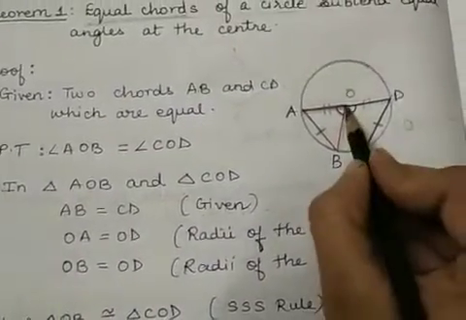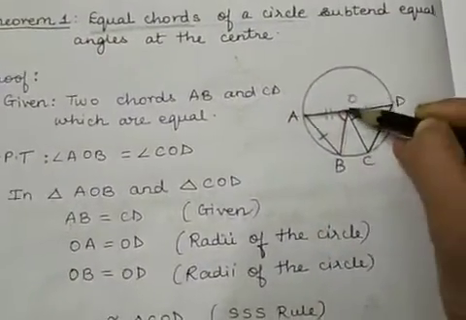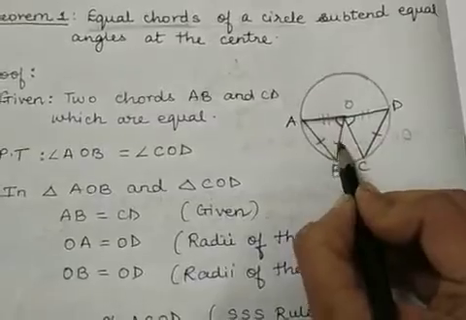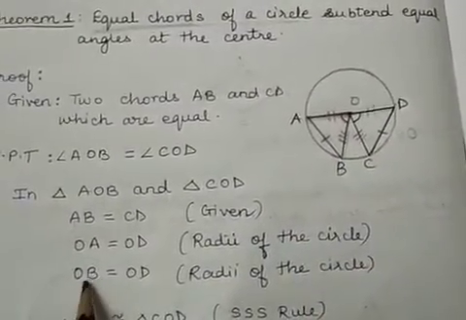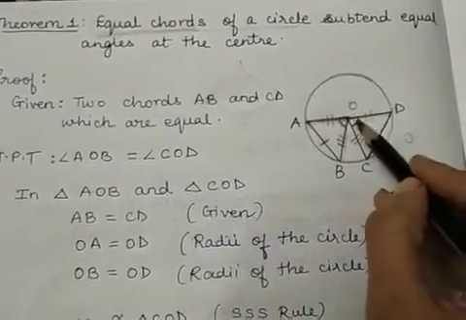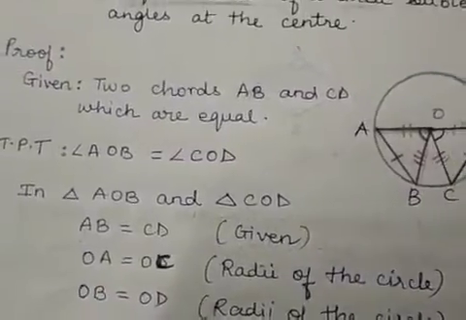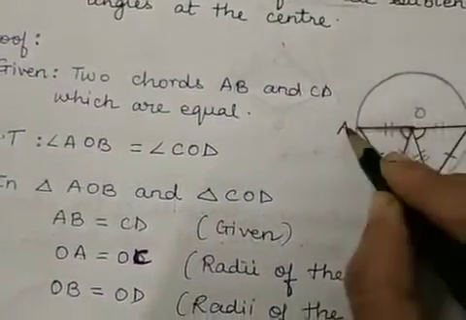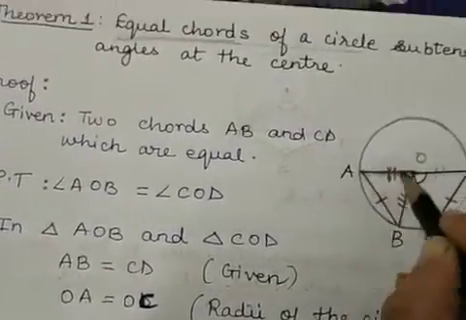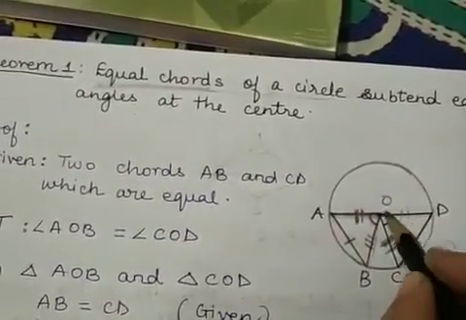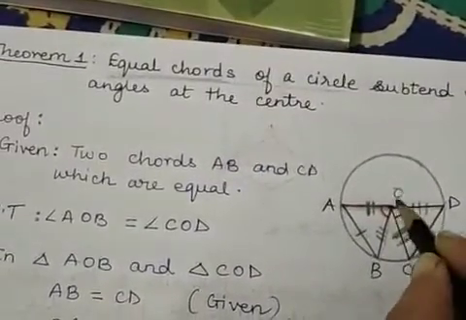Again, this is a radius of the circle and this is also a radius of the circle, so this side will be equal to this side. OA is equal to OC and OB is equal to OD.